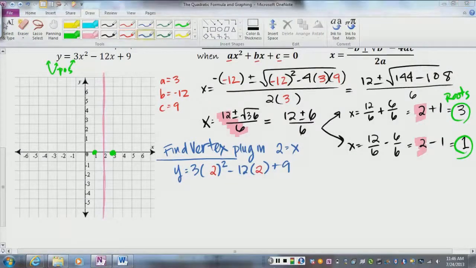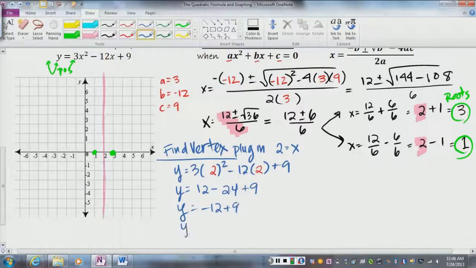So let's simplify that. We have y equals 2 squared is 4 times 3 is 12, minus 12 times 2 is 24, plus 9. That's going to be negative 12 plus 9. That's going to be negative 3. What this tells me is the coordinates of my vertex are 2, negative 3.